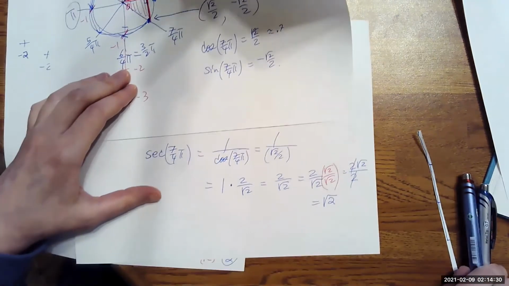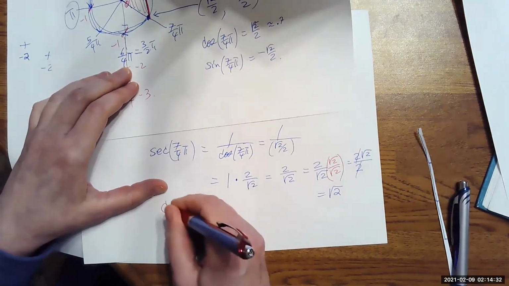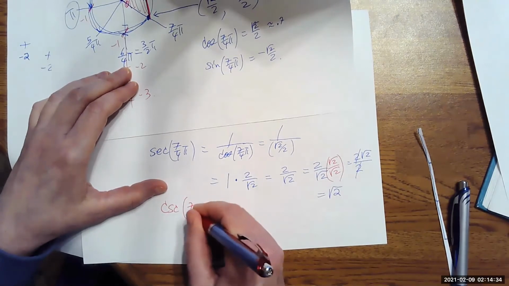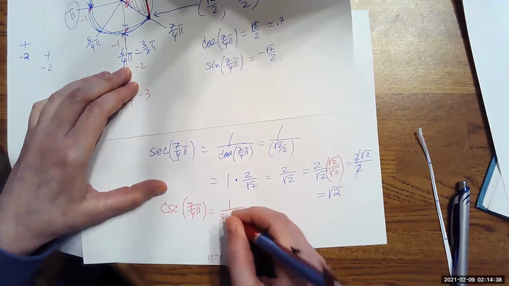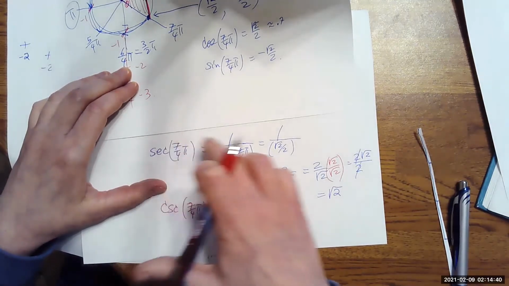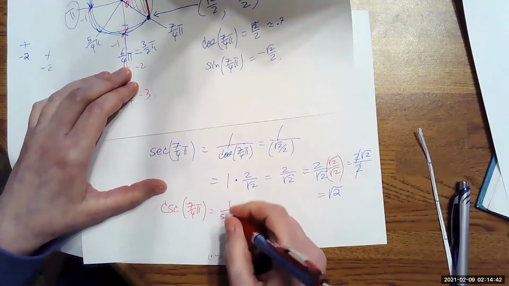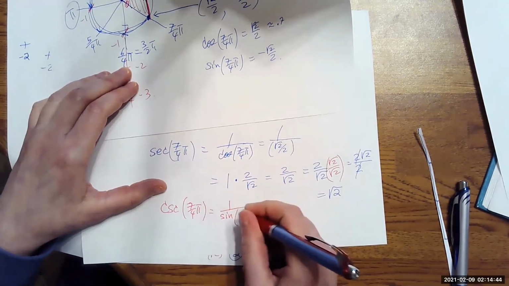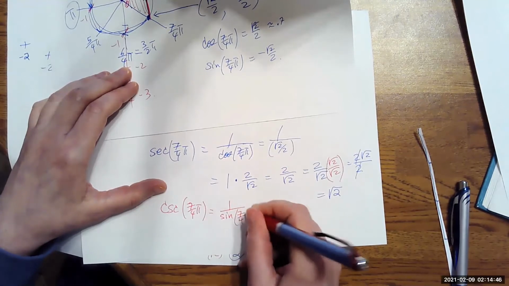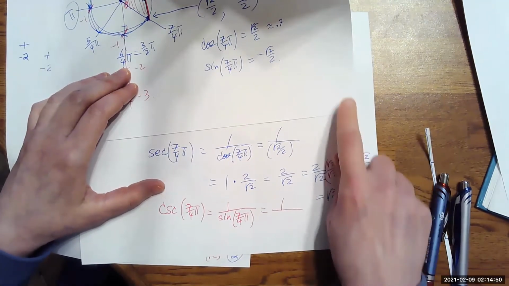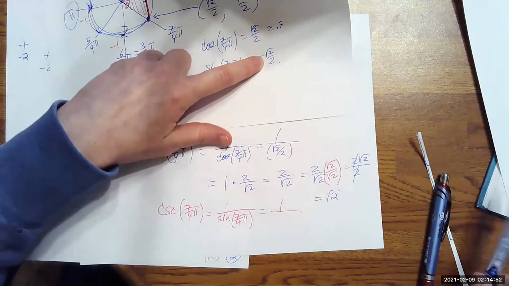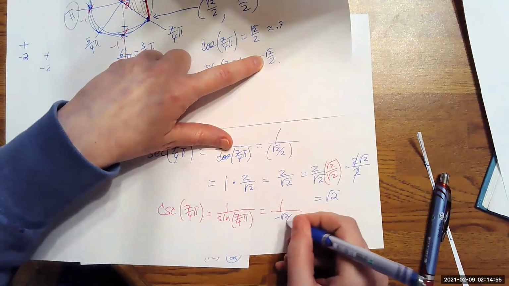If we needed the cosecant of 7/4 pi, that's the reciprocal of sine. So I just remember it as an S and a C here. So this is the reciprocal of the sine of 7/4 pi. We get 1 over, in this case, the sine was negative, so 1 over negative square root of 2 over 2.